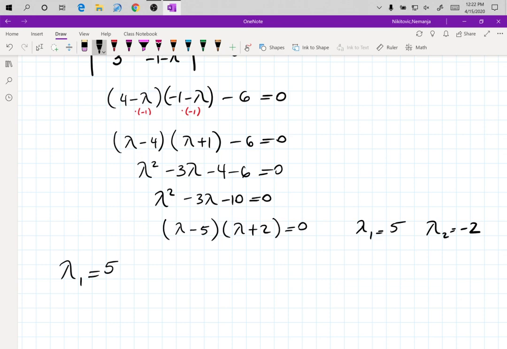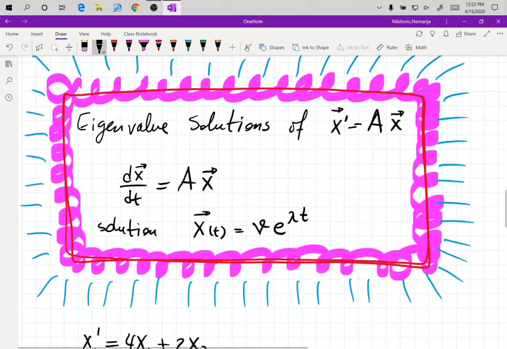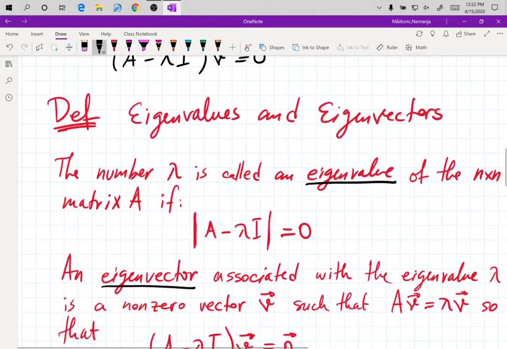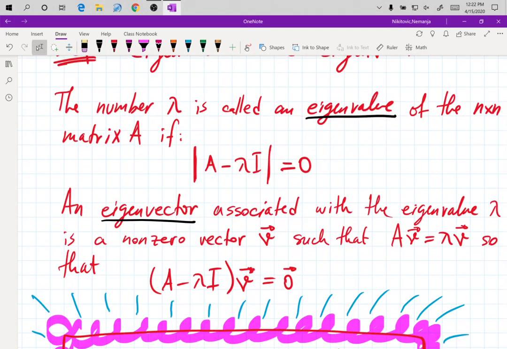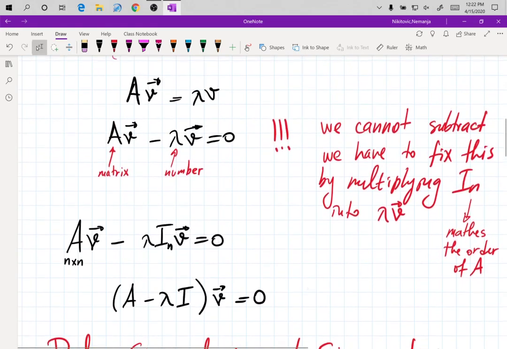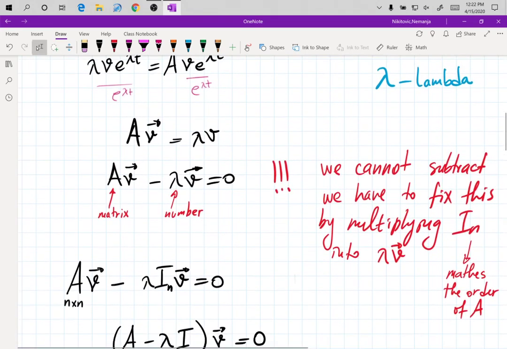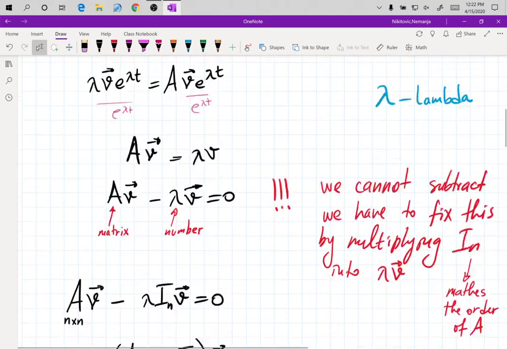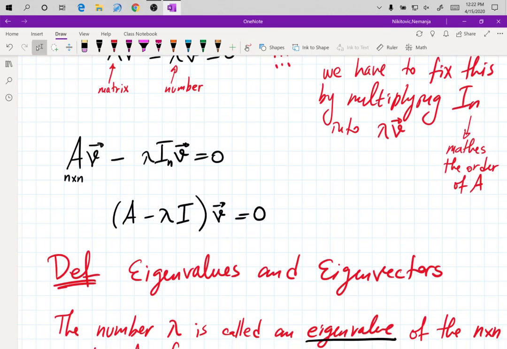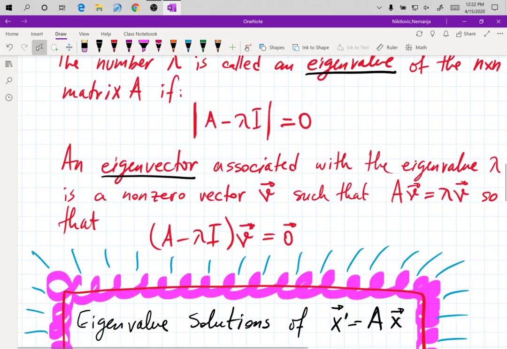We need to solve the system to find the eigenvector v so that the answer is 0, 0, because that's what we, if you go back and remember, here is the formula we're going to use. This is what we're using.